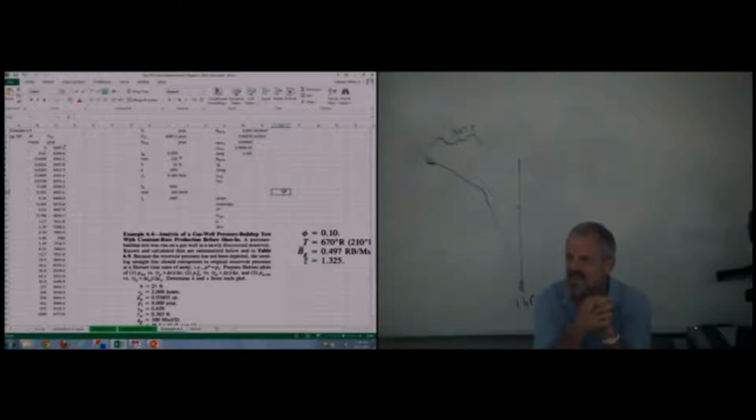And then that absolute difference becomes even less. But I certainly believe and understand your statement that drawdowns and buildups are going to yield different results. But again, try to explain why.